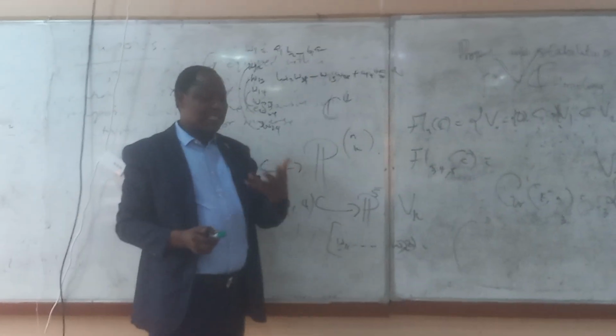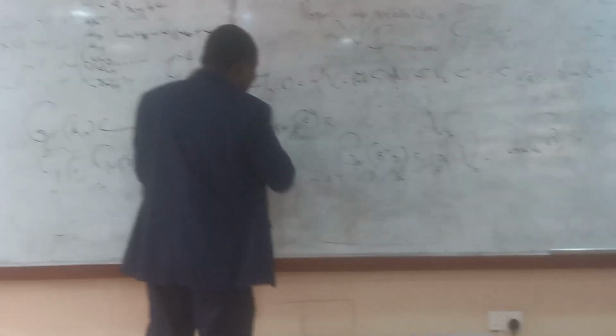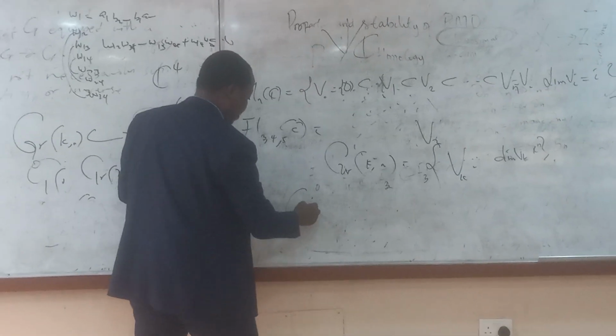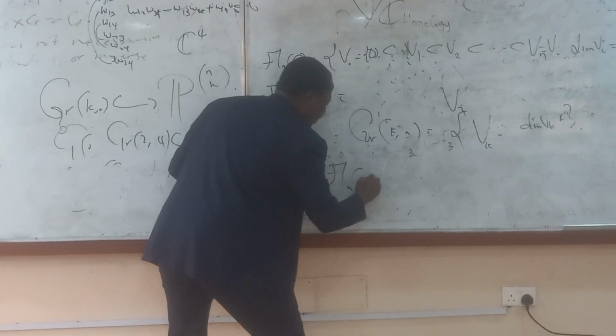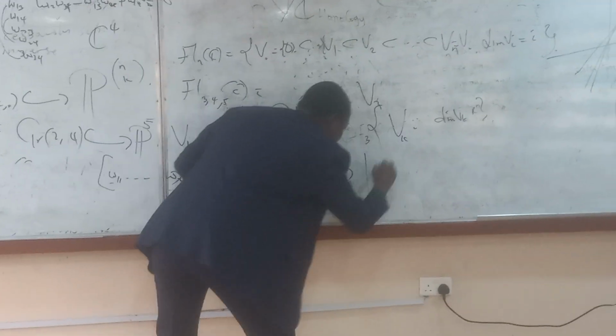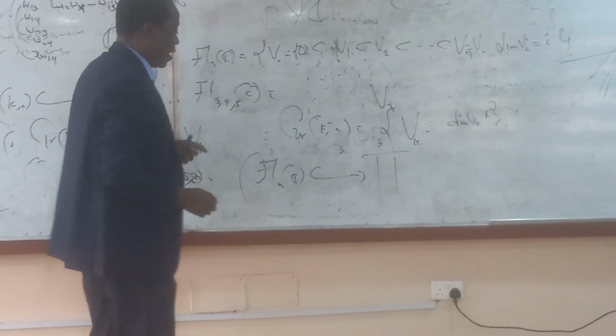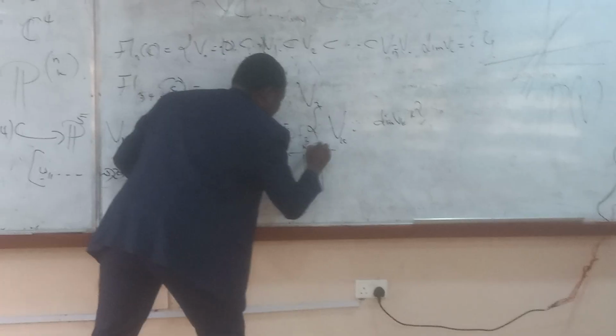So you are going to look at it that the embedding is that you look at this as the product now. So you embed it inside the product of P^(n_k) for k equals 1 up to n minus 1.